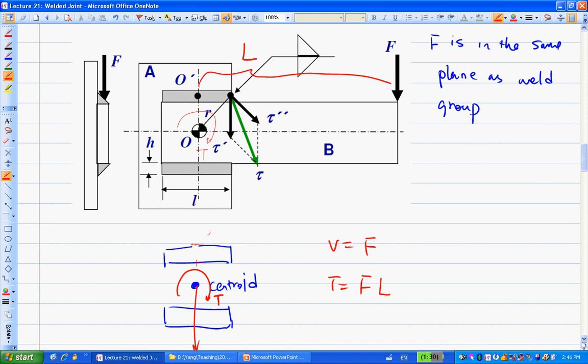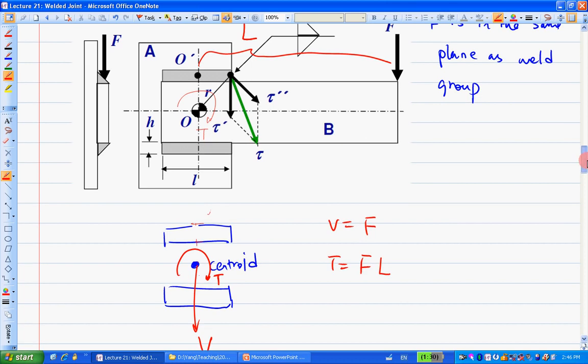So once we have these two pieces of information, looking at the weld group, suppose the weld group is like this. Which location of this weld group is the critical location?